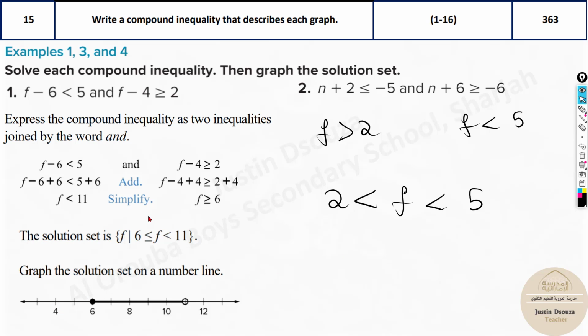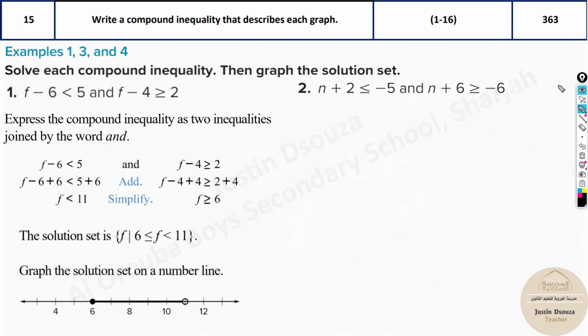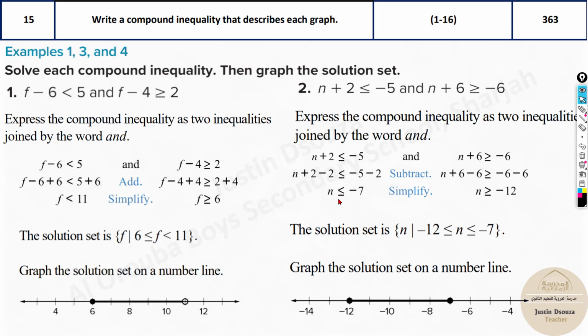And whenever we draw such inequalities, when we graph them, you will have an answer like this. Now, even this one, because it's simple, please solve it by yourselves and then check the answers. You can pause the video now and solve it. And now when you see the answers, you'll get two answers. N over here is less than or equal to minus 7. So again, very important, n is less than or equal to minus 7 first.